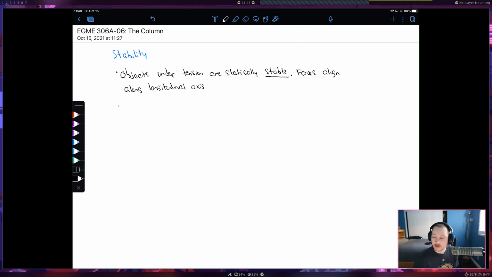Again, when we have a tension test, the forces align along the longitudinal axis, so it's statically stable. But for a compression test, it tends to not be statically stable because, again, those loads get misaligned.